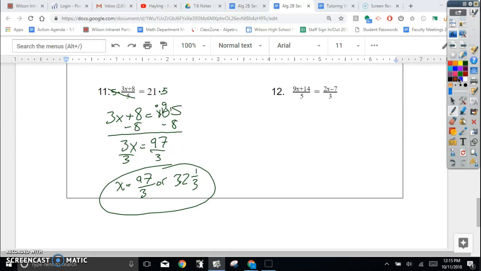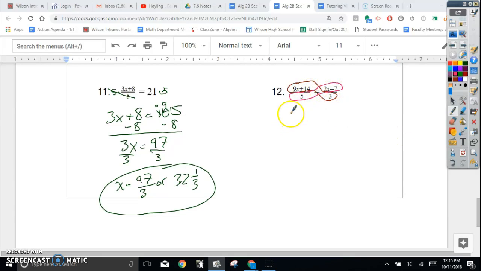Now, in 12, we're going to cross multiply. What happens here is the opposite of dividing by 3 is to multiply by 3. Okay? The opposite of dividing by 5 is to multiply by 5 this side. So the trick that mathematicians came up with to save that step was take this, multiply by this, and then we'll take this bottom and multiply the top by it.